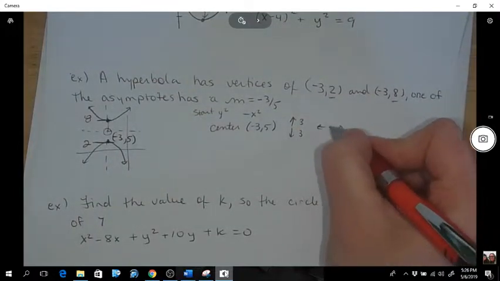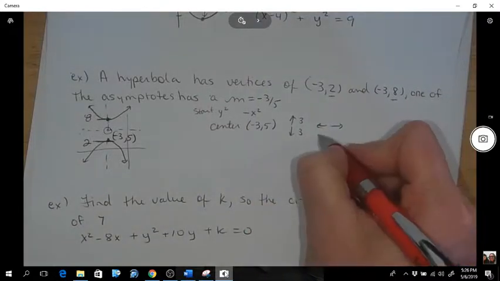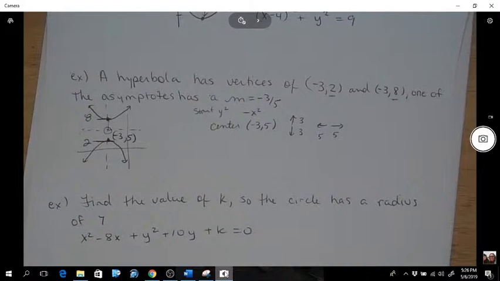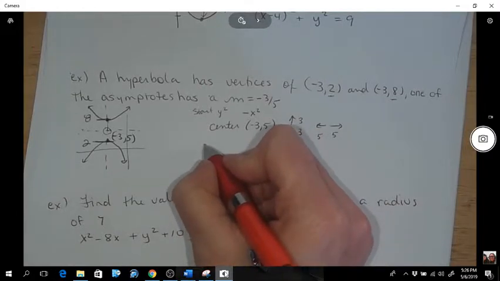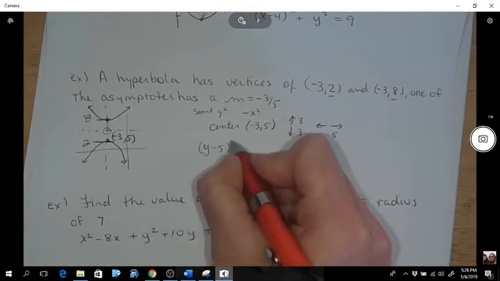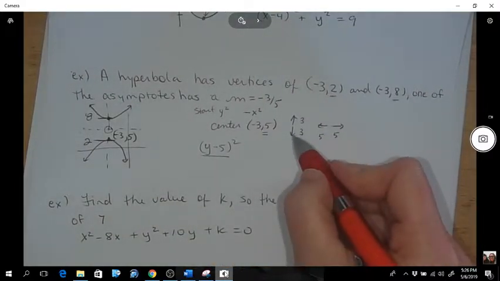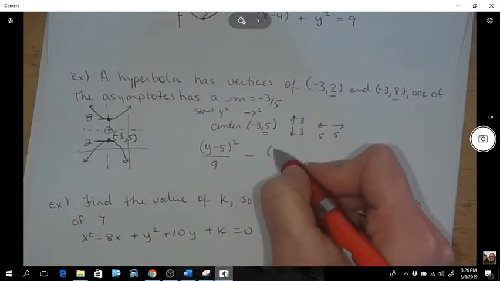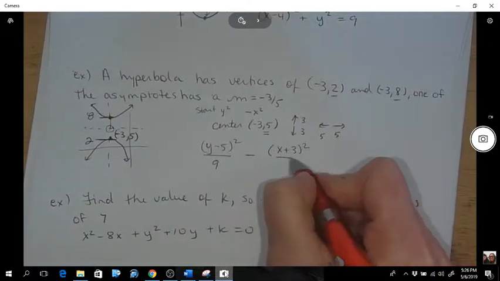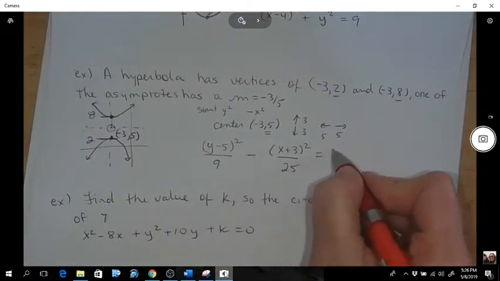And then if the slope of one of my axes is -3 over 5, that means that's the direction I go horizontally. Okay, so if we're starting with the y part, we're going to write (y - 5) squared over 9, and then minus, and the x part will be a plus 3 in there, and then horizontally I went 5, 5, right? So I'm going to put a 25.